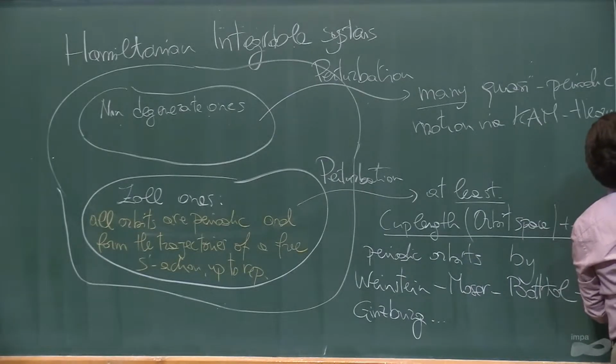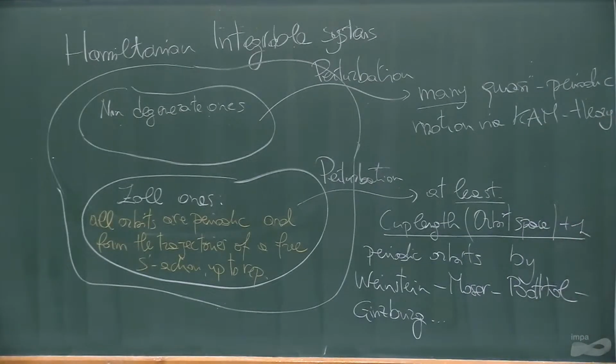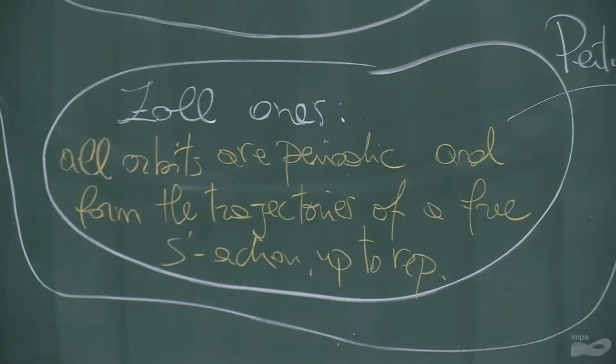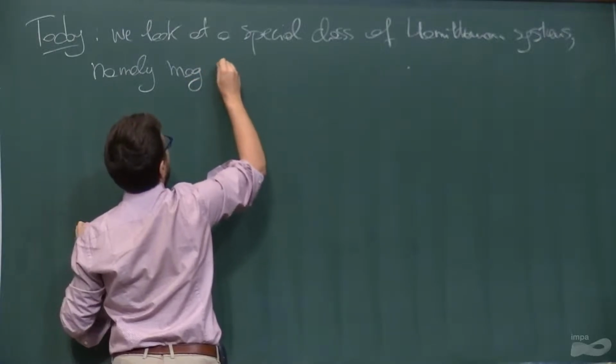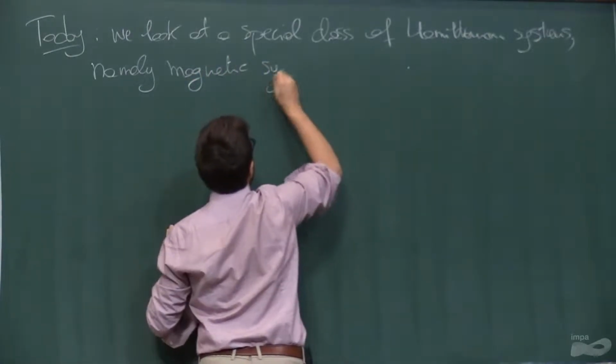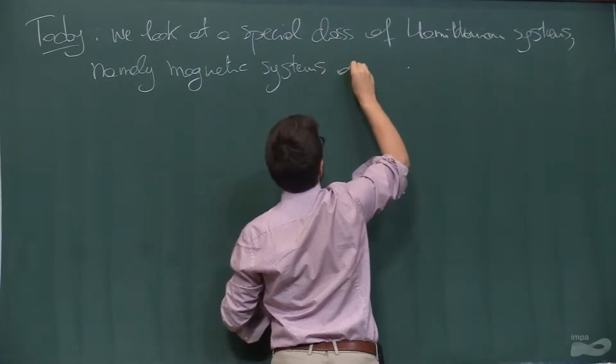So today we look at the special class of Hamiltonian systems, namely magnetic systems on surfaces.